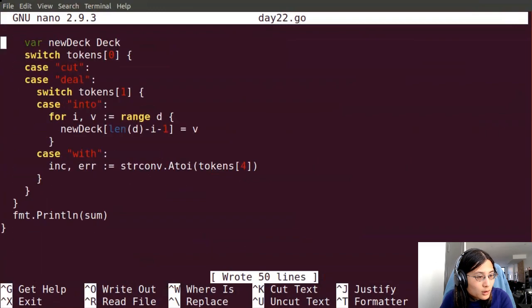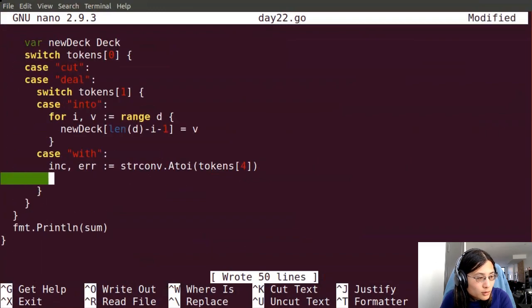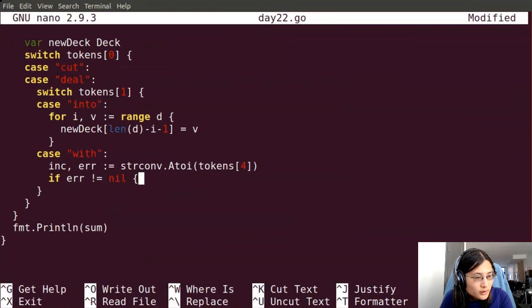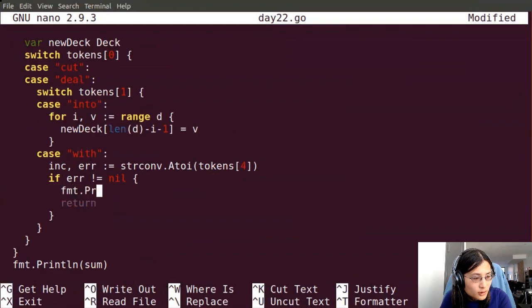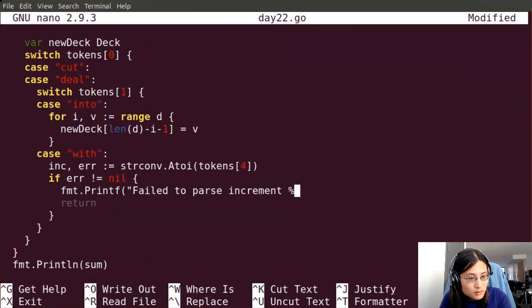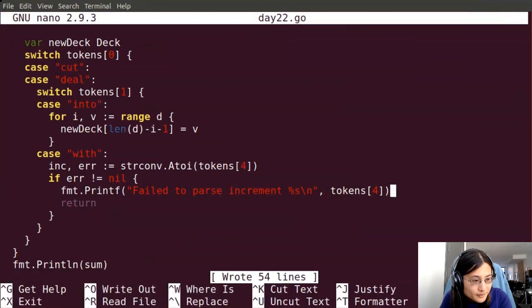Okay. Standard error checking. All right.